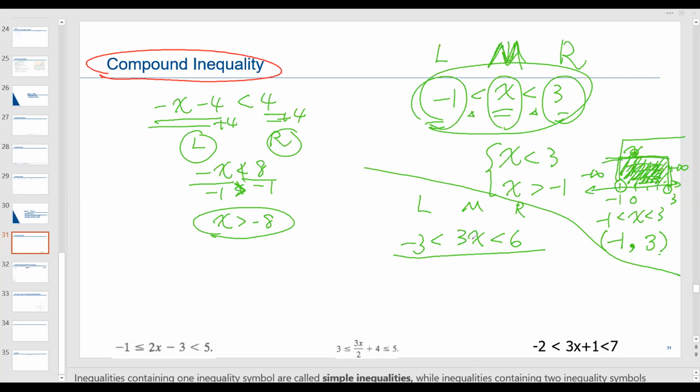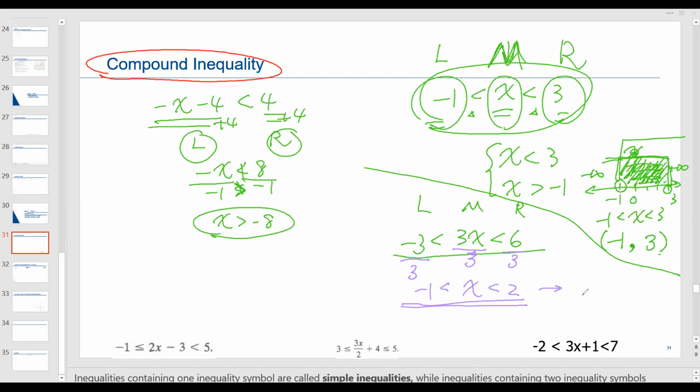We try to make the coefficient of the unknown become 1, so we have to divide by 3. Left, middle, and right all do the same process: divide by 3, divide by 3, divide by 3. So you get x less than 2 and greater than -1. That is the solution.